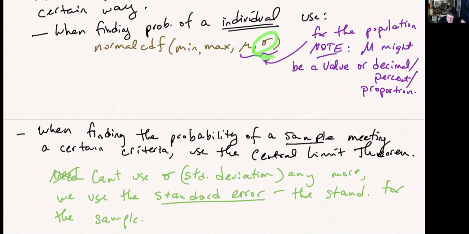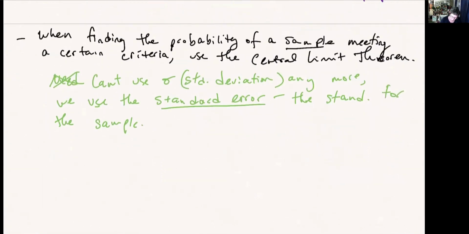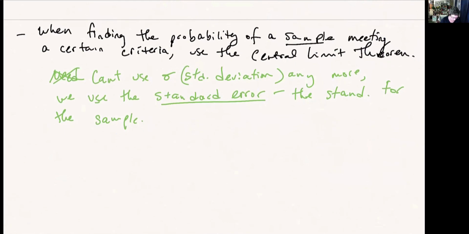Remember, it's called a standard error because our samples are always going to differ from the population. It's just called error to indicate that it's talking about a sample, not a population. So that standard error is going to change depending on what we're talking about.